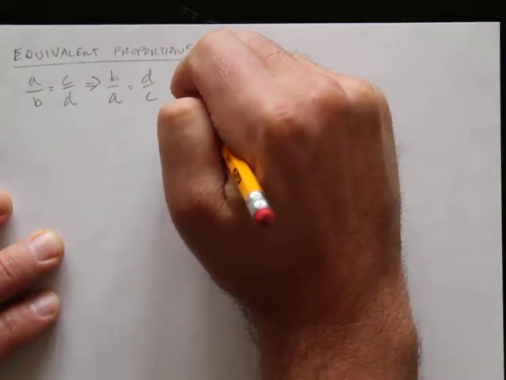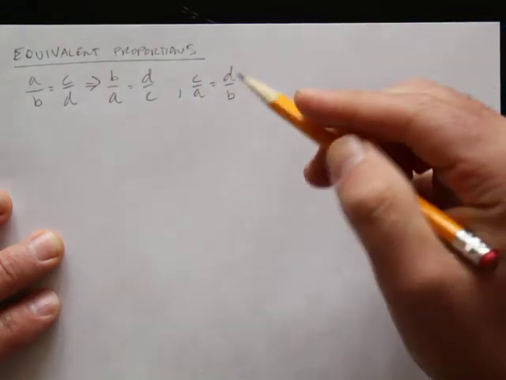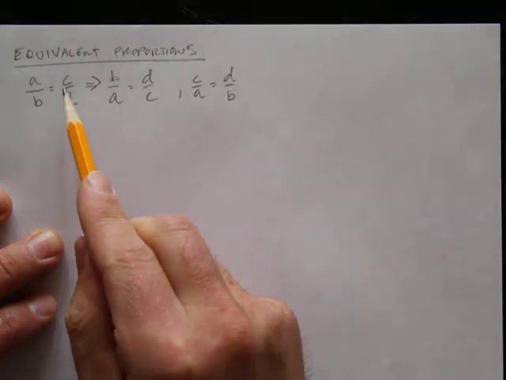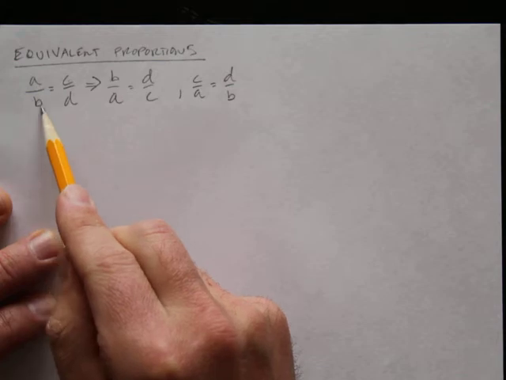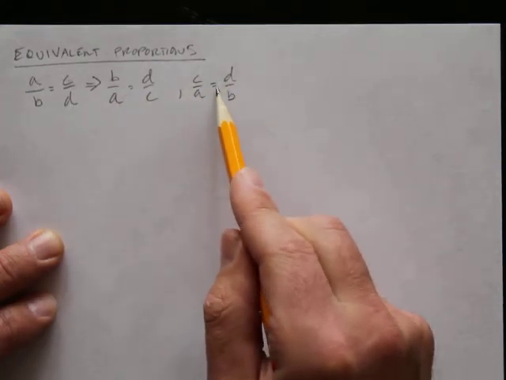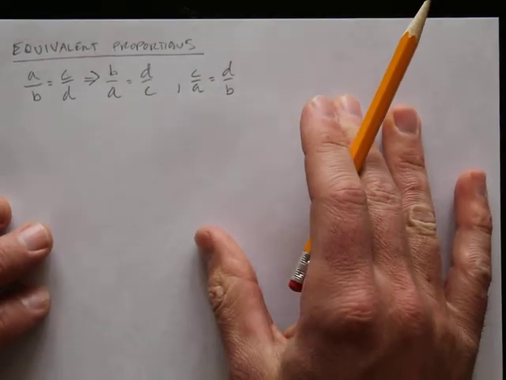And C over A equals D over B. So now I've taken these two and put them in the numerator, and I've taken these two and moved them over into the denominator. This one is a little bit more tricky, but these are all equivalent proportions.